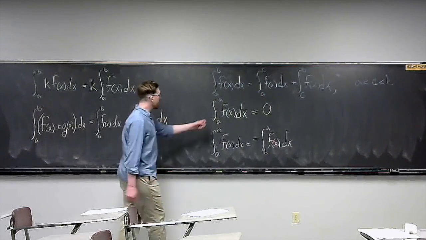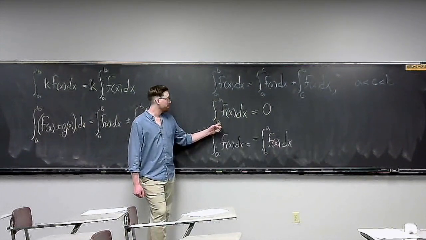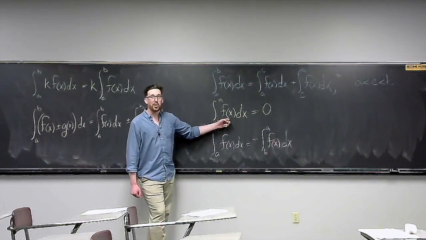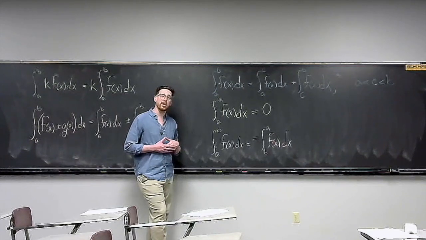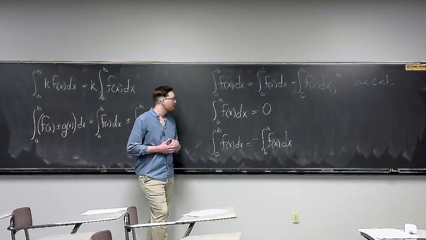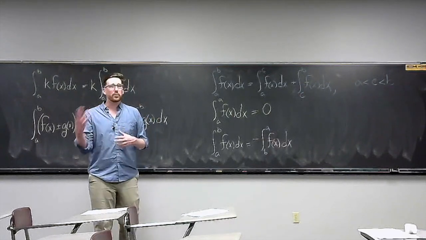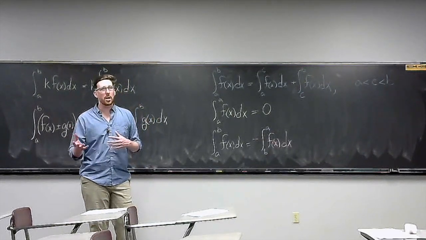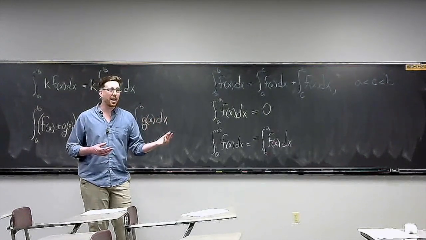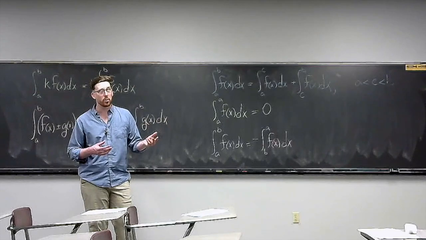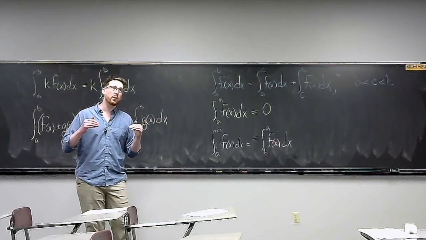Now, the second one here is just saying if you integrate from a to a, your integral is going to come out to be 0. And if we stop to think about this for a second, it kind of makes some sense, right? Because we're talking about these things being equal to this idea of rectangles. We have this limit, and delta x is equal to b minus a divided by the number of rectangles.